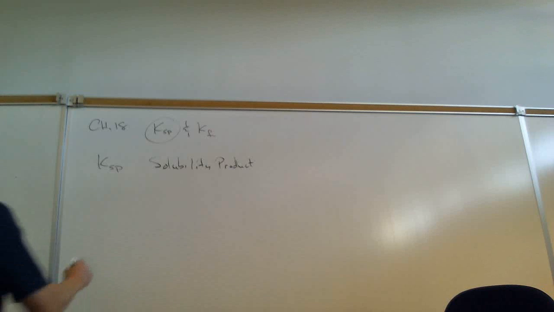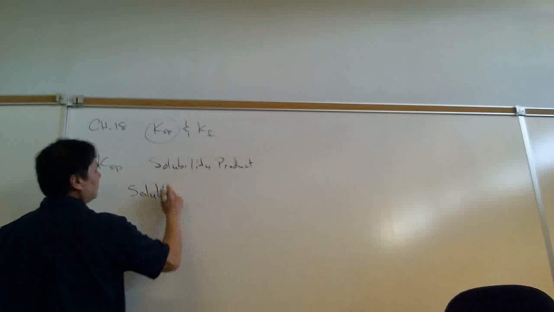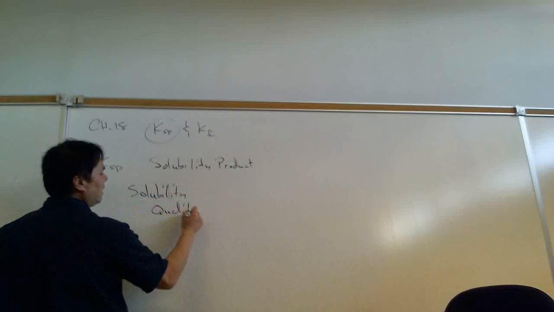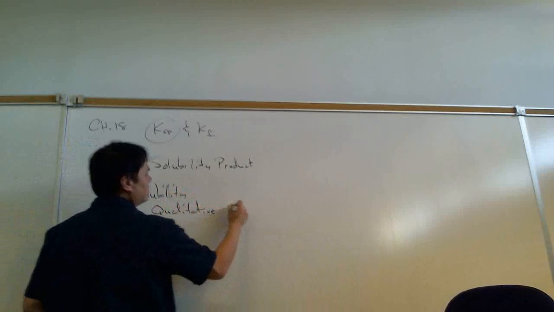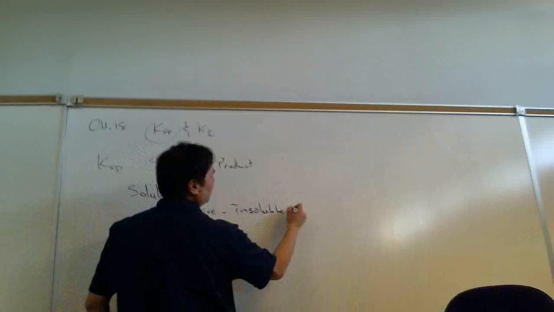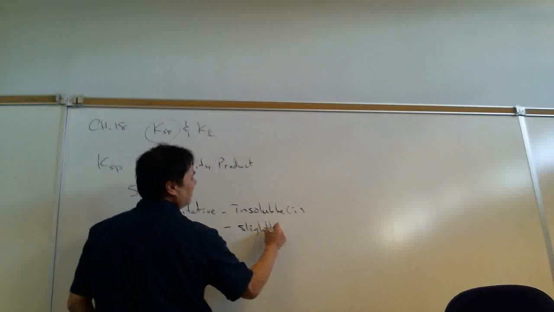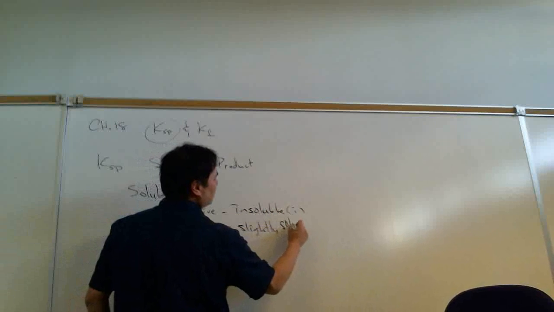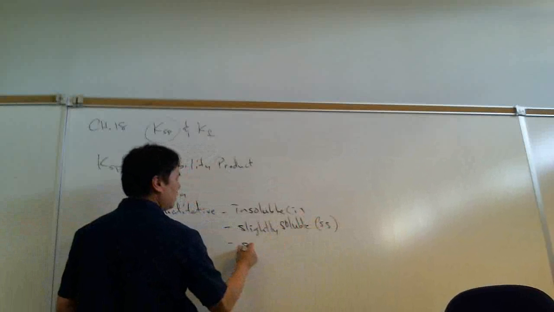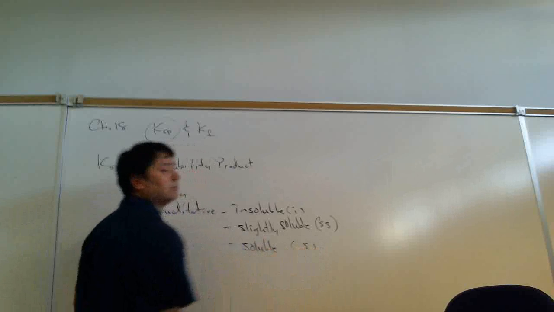And so when we're thinking about solubility, yeah, 0.1, that's good. The three categories are this: it's insoluble, which we give an I, it's slightly soluble, which we abbreviate SS, or it's soluble, which we give an S.